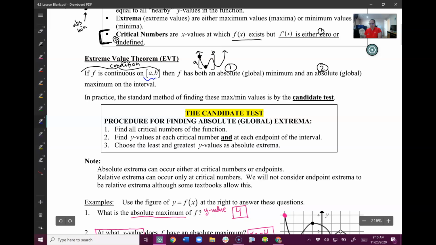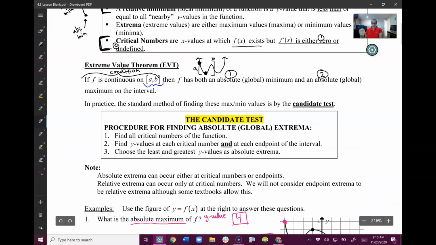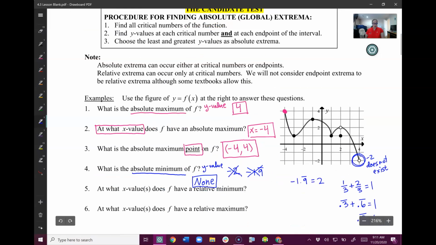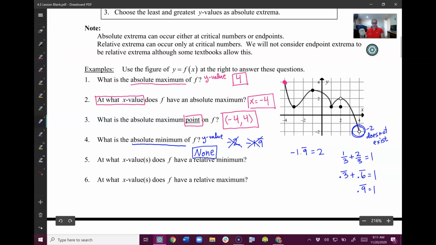Because this interval is not closed, it does not guarantee that both of those happen. If the interval was closed, if that was a closed point, then our extreme value theorem would hold. We would have an absolute min and an absolute max. But because this interval is not closed, we do not have a guarantee of it.